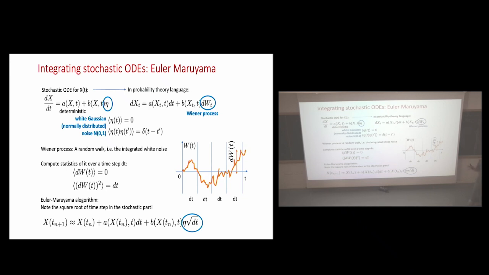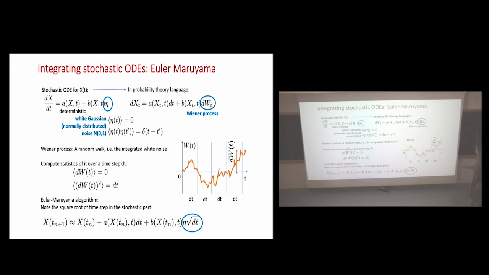This is the same calculation as when one does a diffusion coefficient calculation. The dW(t) squared, if I integrate it over a time step, a finite time step of the algorithm I'm developing, is equal to dt, not dt squared, for the same reason as the mean square displacement goes like t and not like t squared.